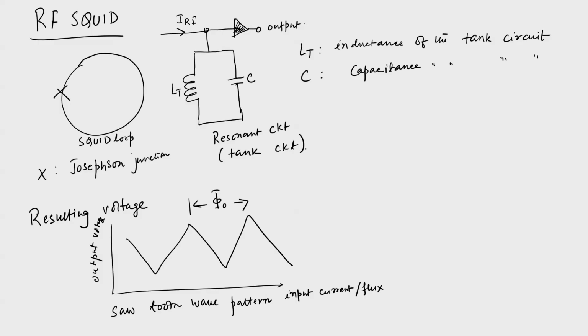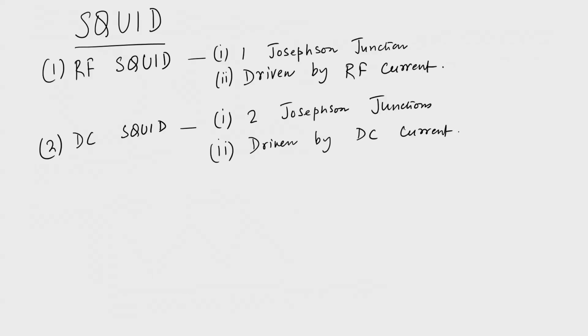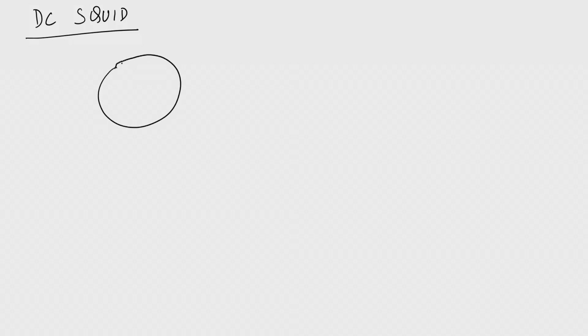Let us come to the DC SQUID, which is the most important part of the study of SQUIDs, and as I said, they are most commonly available for commercial purposes. Again, there are two Josephson junctions connected in parallel, and these Josephson junctions are shunted with a resistance.